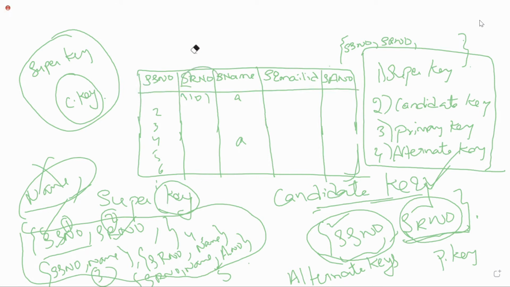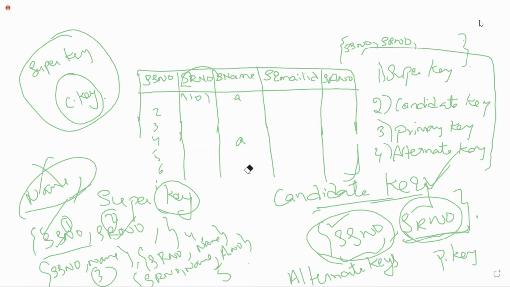Okay. Suppose there was a table like this, without student register number: name, Aadhaar number, phone number.